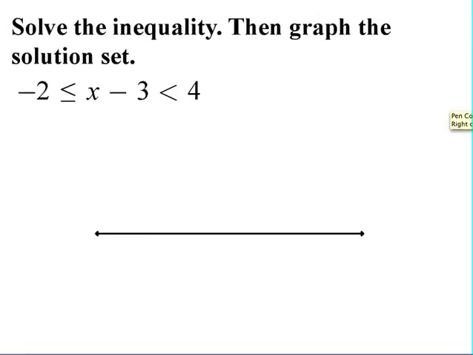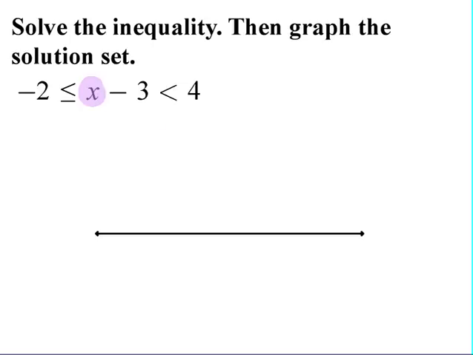It says solve the inequality, then graph the solution set. Now make sure you write down this correctly. Now my whole goal is to get the x all by itself in the middle.